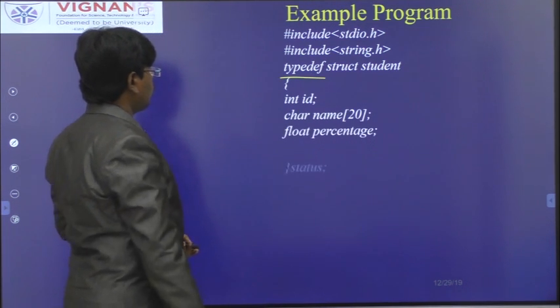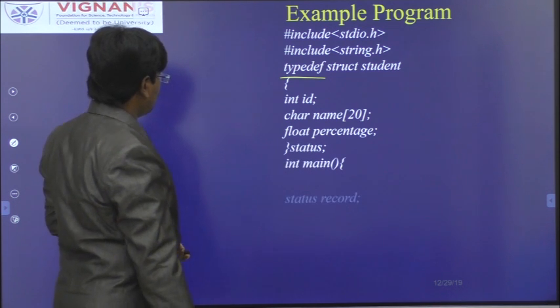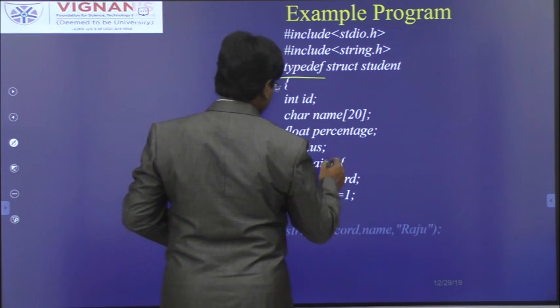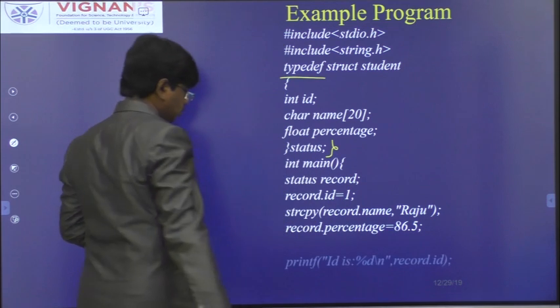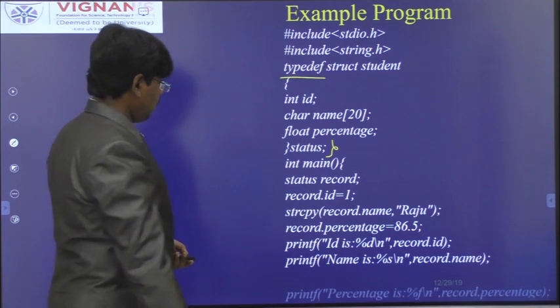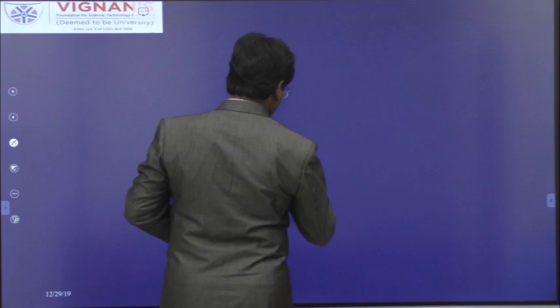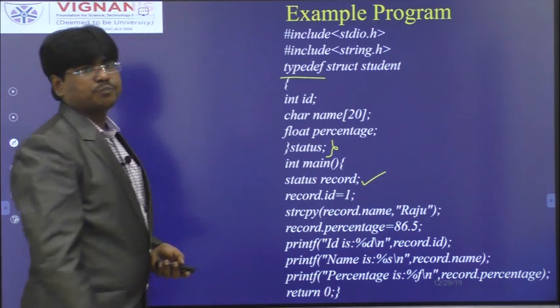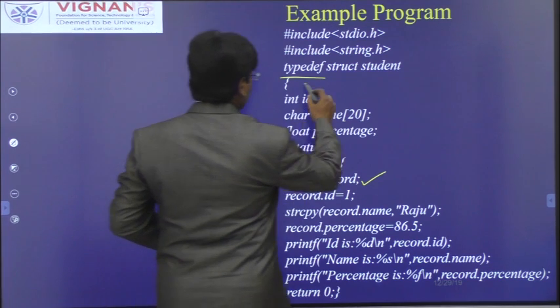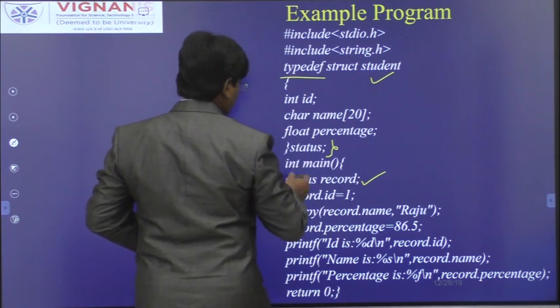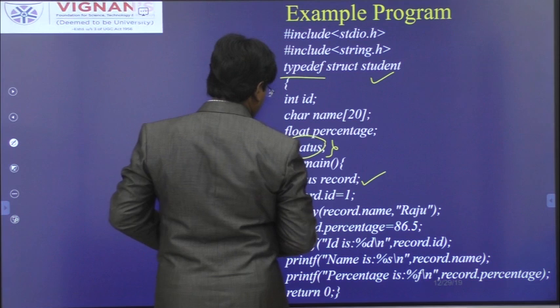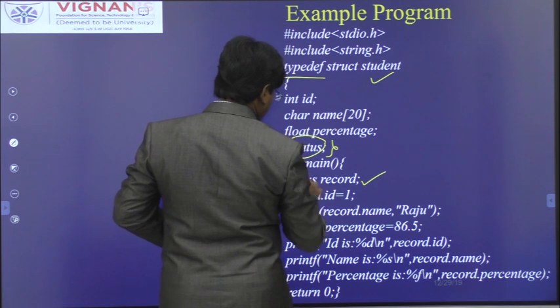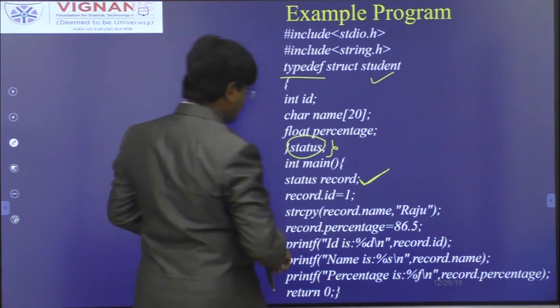So next what I am going to write, I have taken 3 members, ID, name, percentage, and this is my structure variable. After that structure variable I have used status record. So this is the student structure and this is the structure variable, and I have updated this particular alias name to status record.